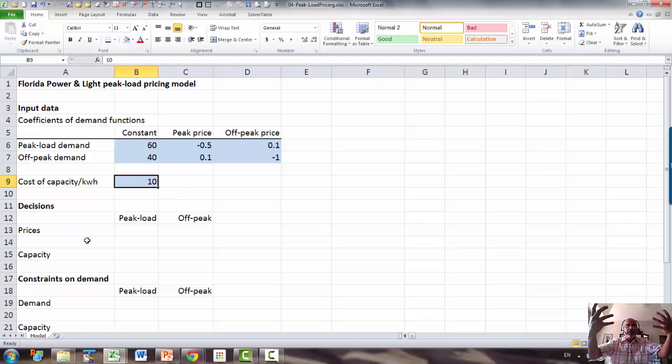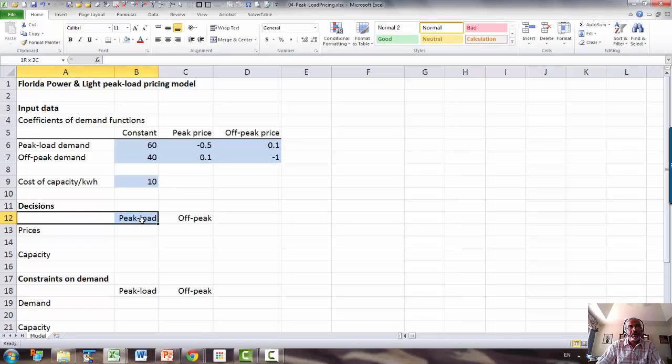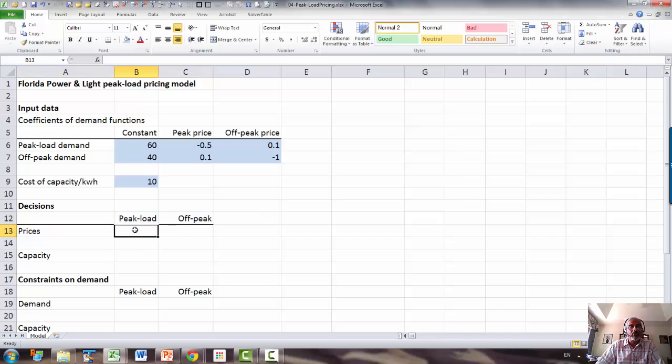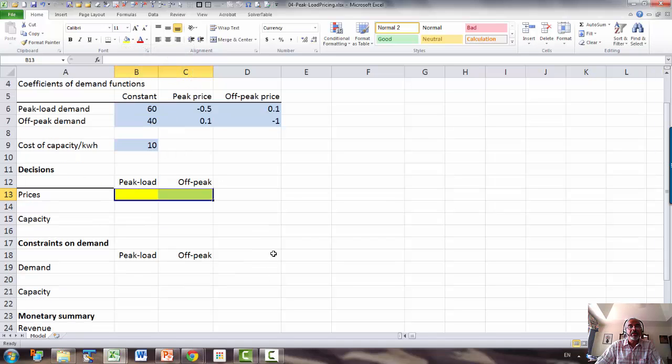So the more you build, the more cost you're going to have for building that capacity. So decision variables are, now you have to set two prices, peak load price and off-peak load price. So there are two prices. And now we have capacity.